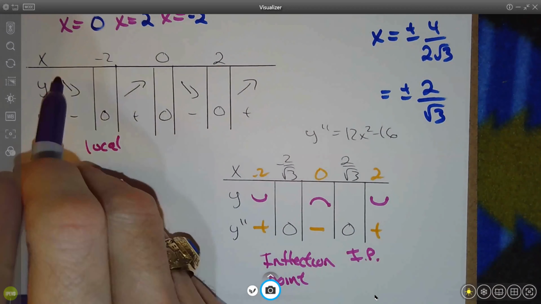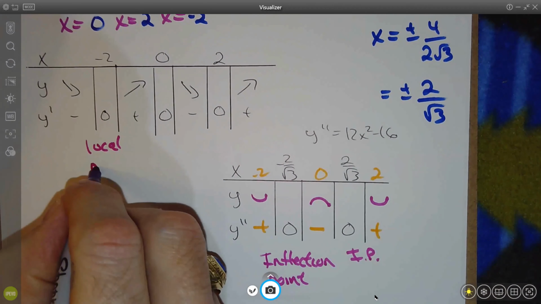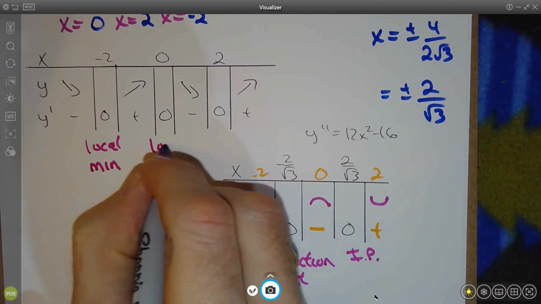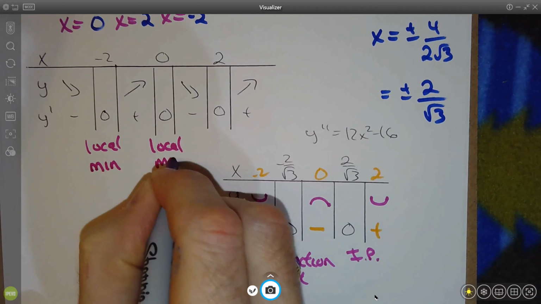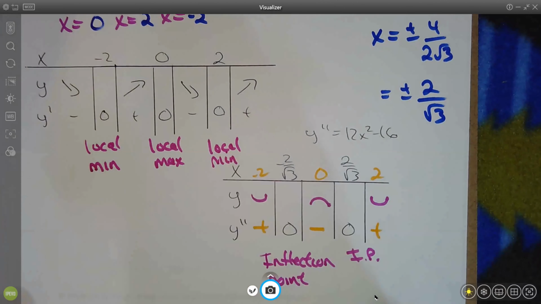Decreasing, then increasing. This has to be a local min, local max, local min. Nice. All right. So I think we nailed that one. I think we got all the good stuff out of this one we're going to get.